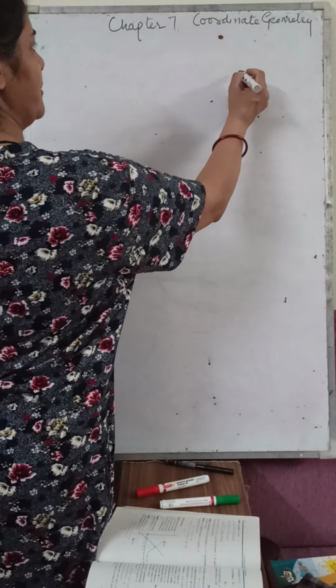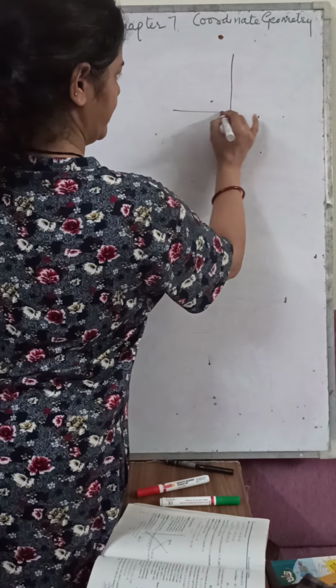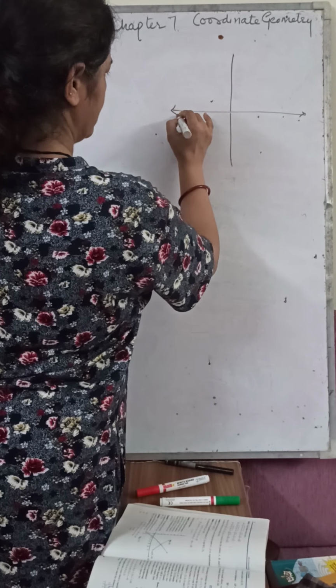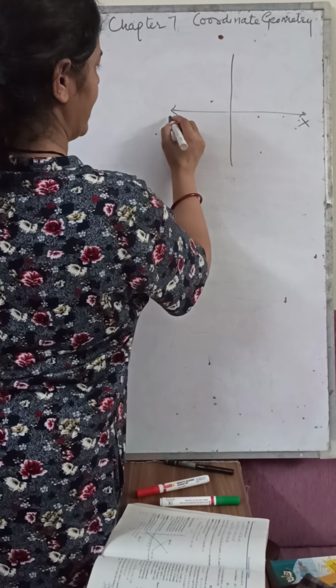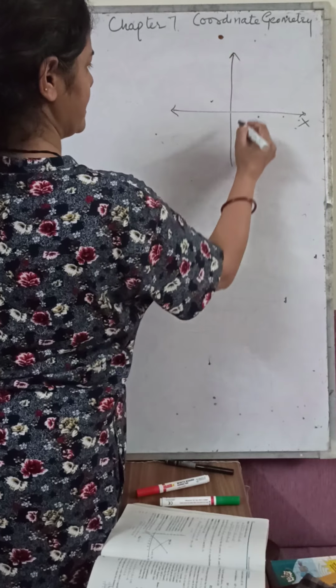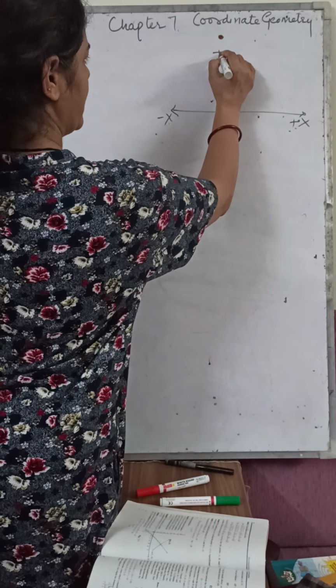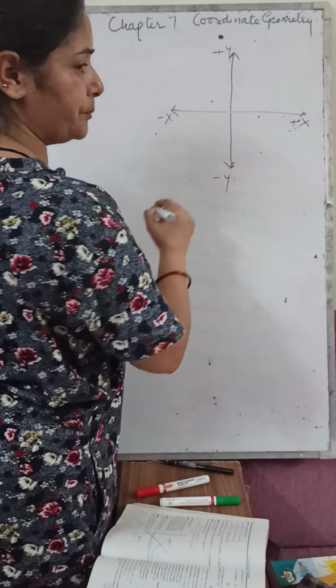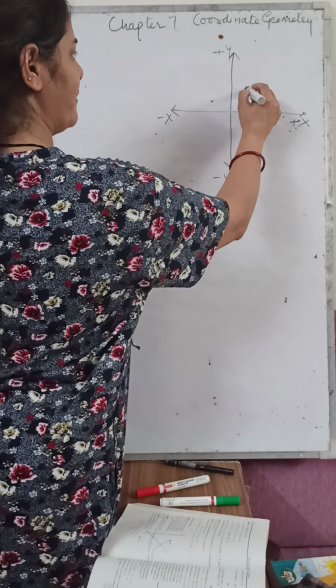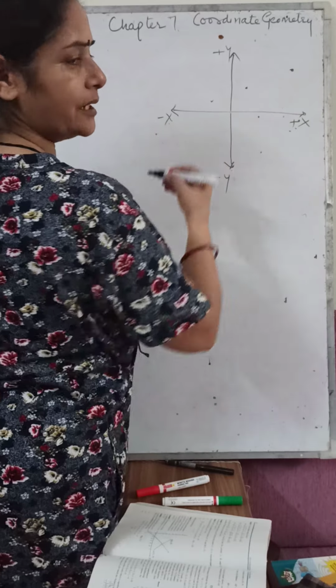In the coordinate plane you have axes, the x-axis and the y-axis. This is plus x, this is minus x, plus y and minus y. Suppose you have any two points.